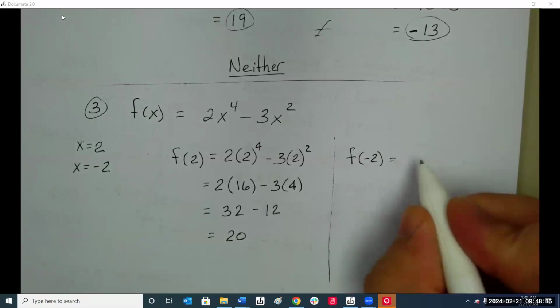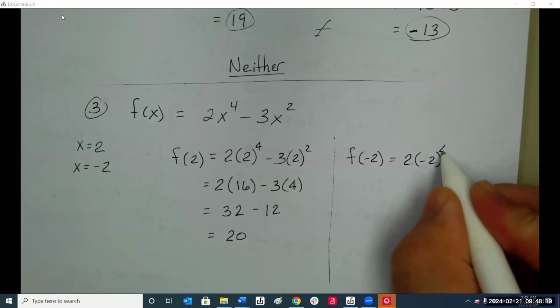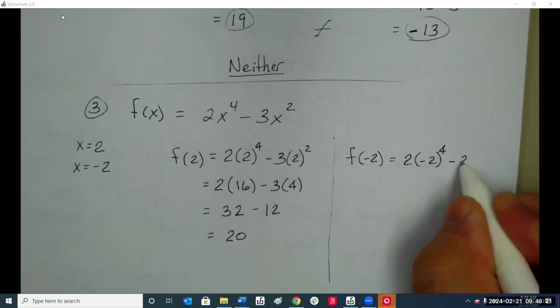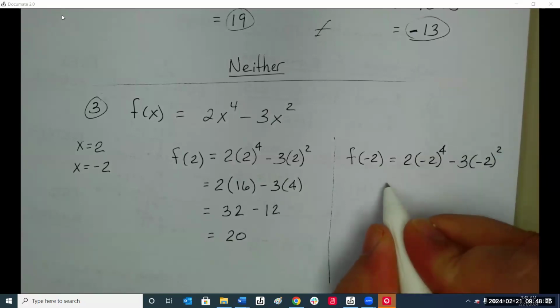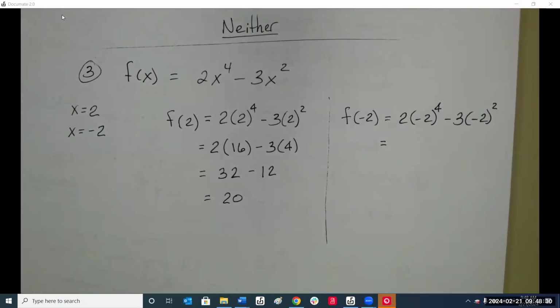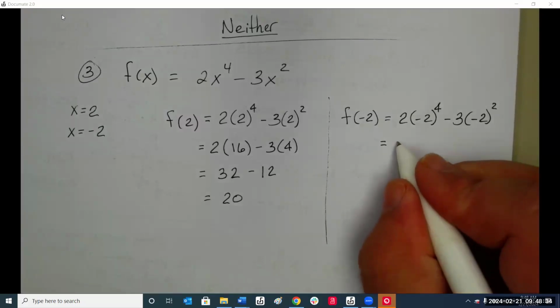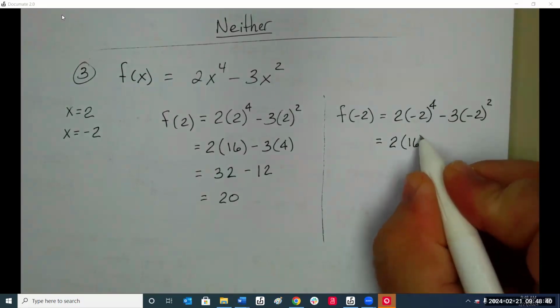Now the same thing with negative 2. Negative 2 to the fourth, positive 16.